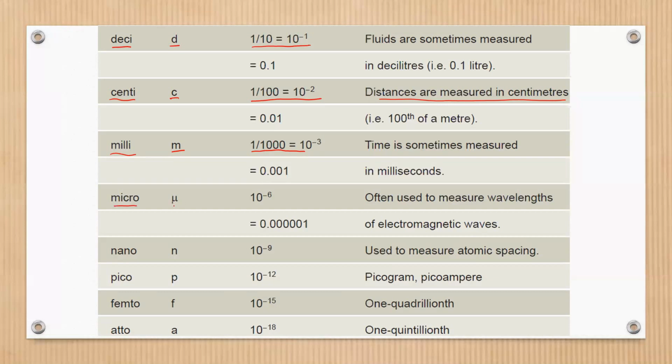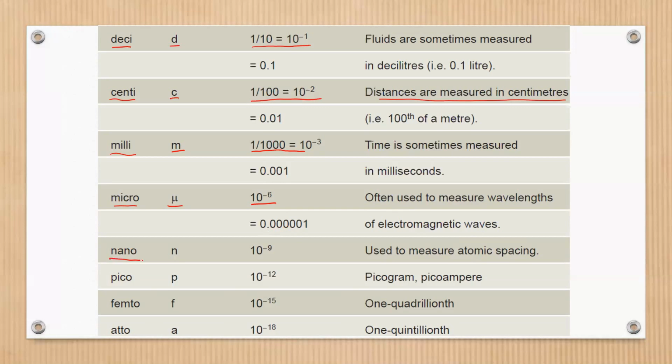Micro, the symbol is mu, a Greek letter, 10 to the power -6, because it's 1/1 million, which can be written as 0.000001. Often used to measure the wavelength of electromagnetic waves, very small distances basically.